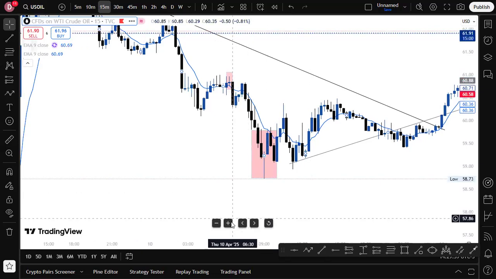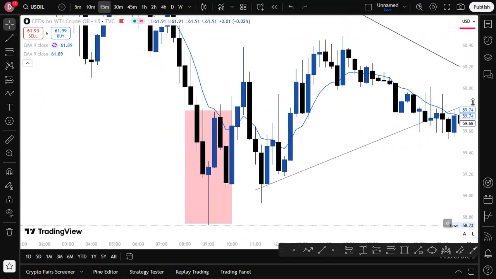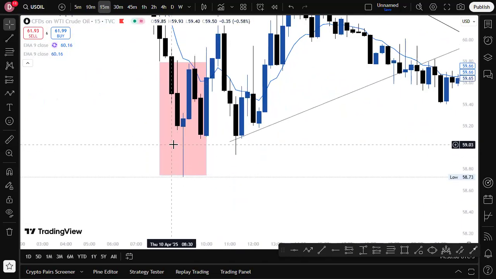Let me zoom it more. So this is an example of a dragonfly doji.